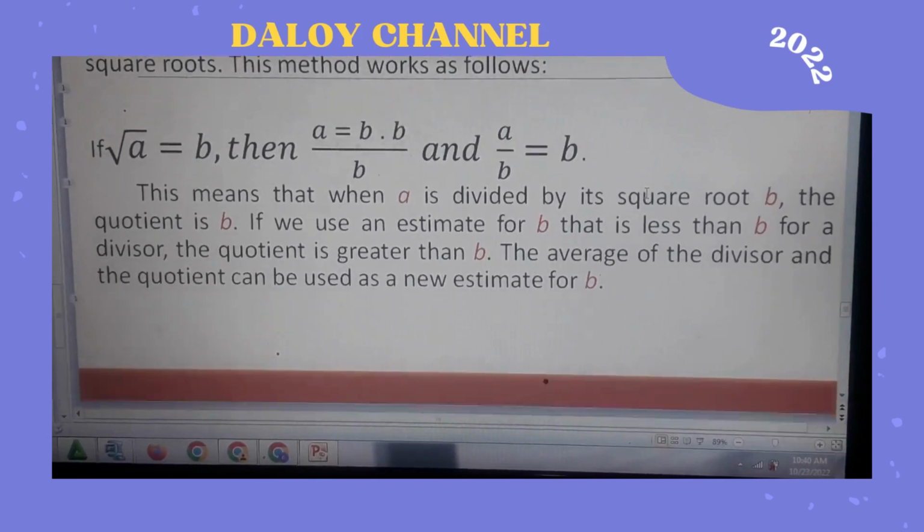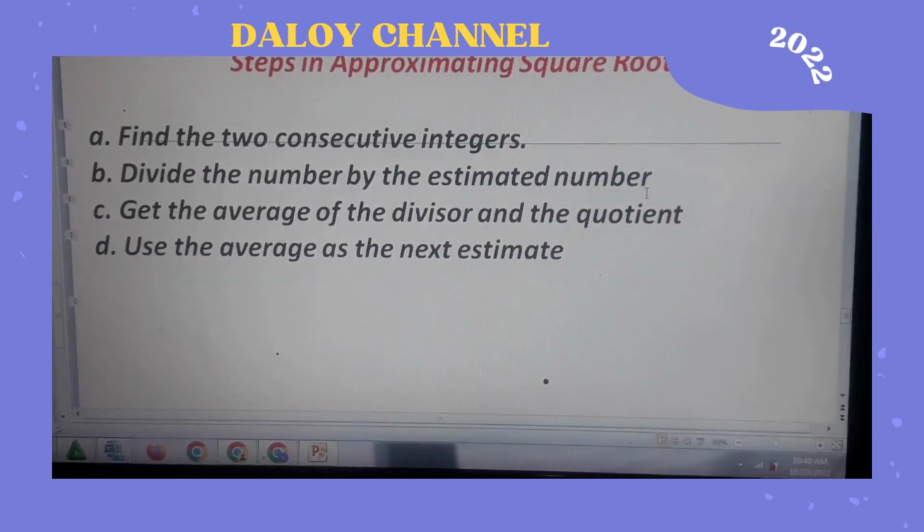But with that information, here are steps also provided to us. The steps in approximating square roots: A, find two consecutive integers. B, divide the number by the estimated number. C, get the average of the divisor and quotient. And D, use the average as the next estimate.